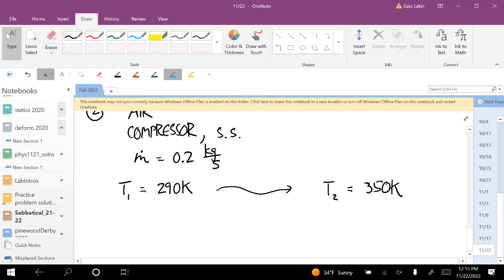You have to take that from the wording. If heat is going from the system to the surroundings, that means that Q dot is negative 1 times 10 to the 3rd.